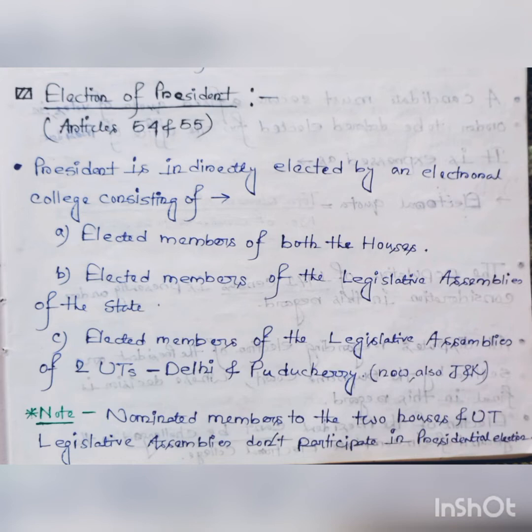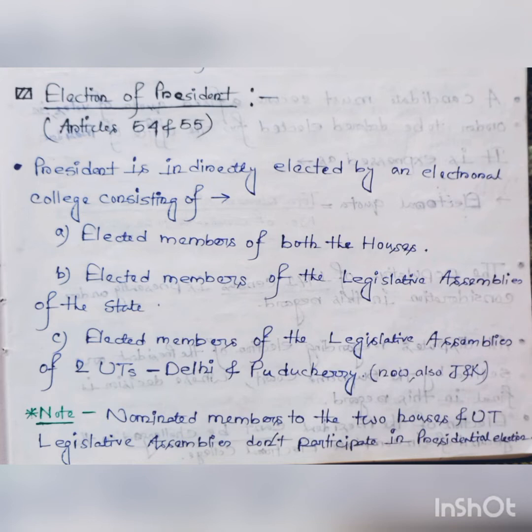Number 2, elected members of the state legislative assemblies. Number 3, elected members of the legislative assemblies of 3 union territories now, Delhi, Puducherry and Jammu and Kashmir. Note, nominated members of the houses and the union territory legislative assemblies don't participate in the presidential election. Only the Lok Sabha, Rajya Sabha and the state assemblies.